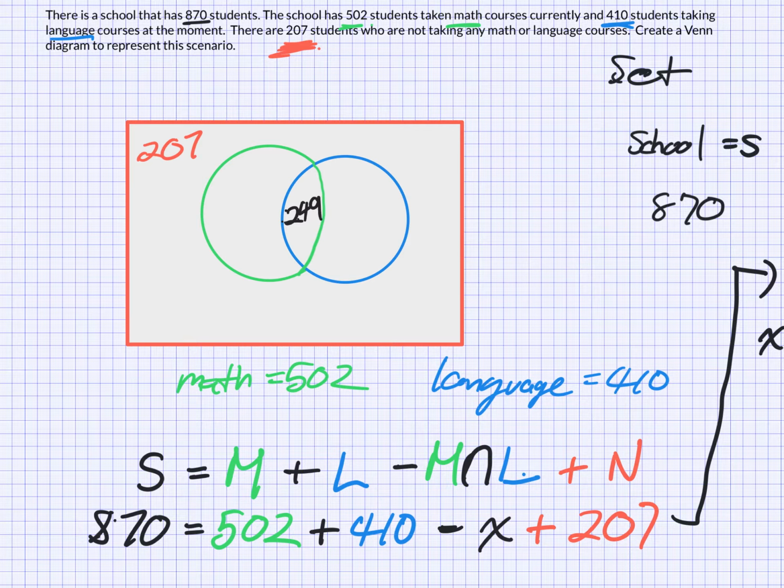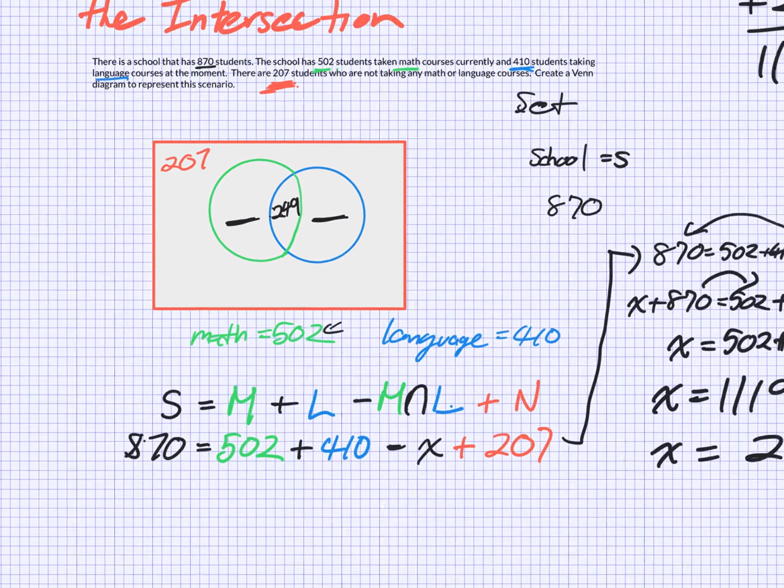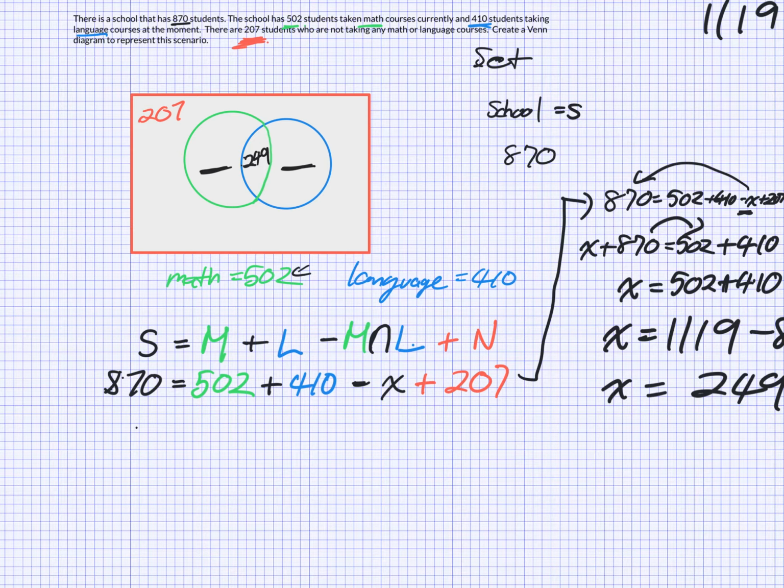Now, with that being said, we have to figure out how many are just taking math, because that's what we would place in here, and how many are just taking language, so they're not taking both. In order to solve that, we need to get the original number of students taking math. So zoom out again. We can solve that down here. We know that there were 502 students taking math.